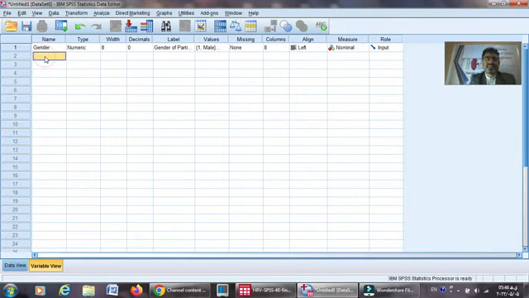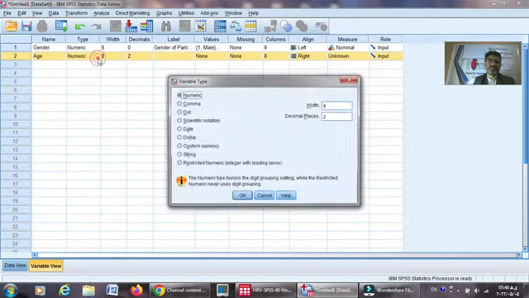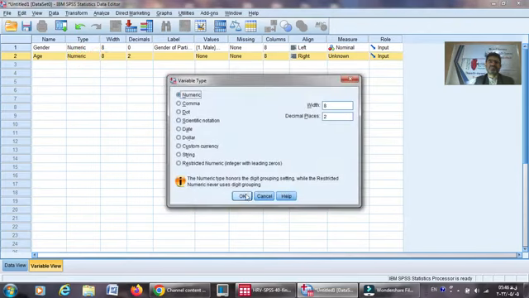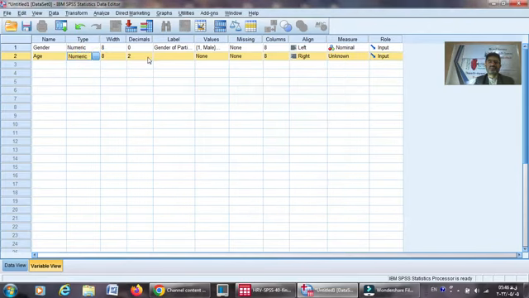And the second thing, we can put age. Age is actually numeric, because there are different age groups, and we put some values. And also we don't need to have decimals. We cannot say 15 minus 5 or 13 minus.